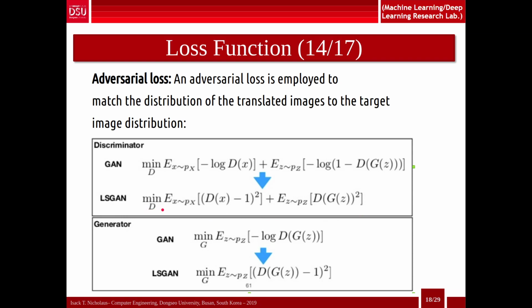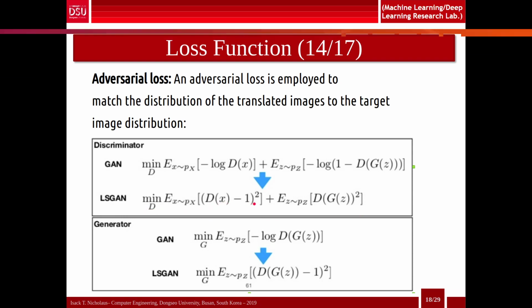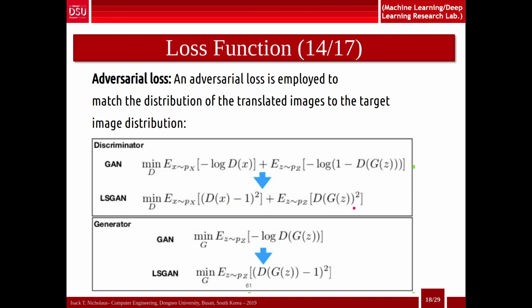So our discriminator will try to minimize this function by making this even lower. By doing that we can guarantee that our discriminator does a better job.